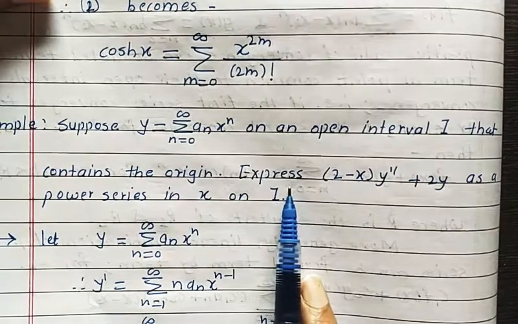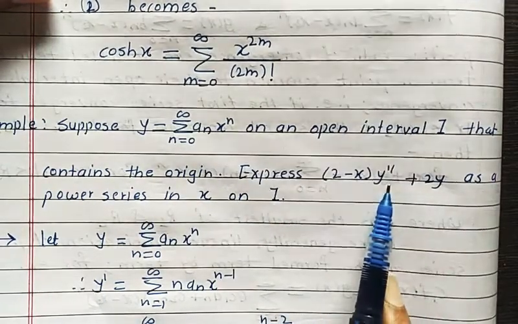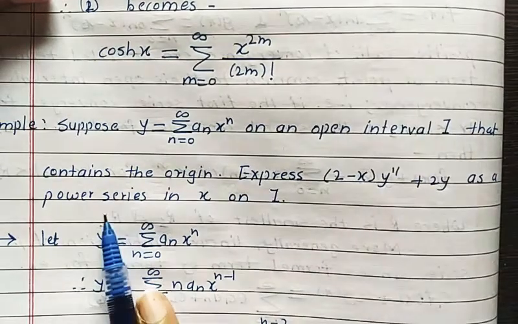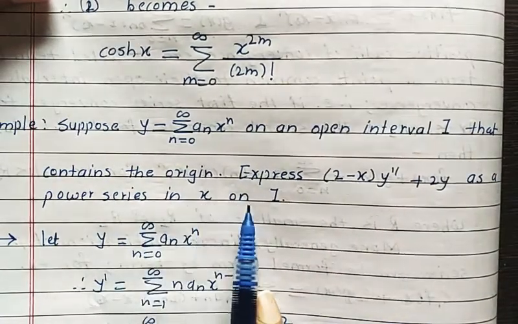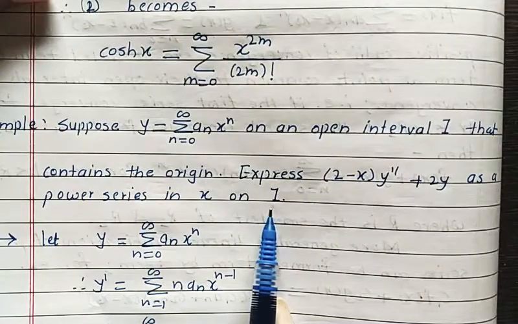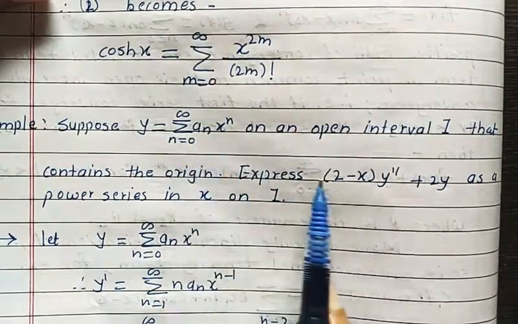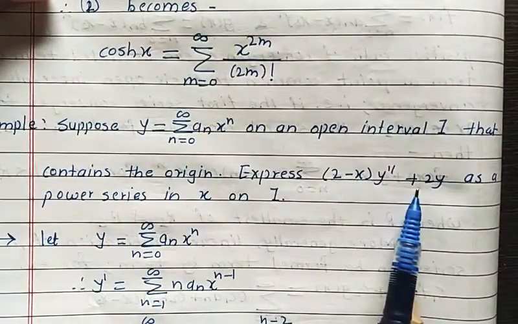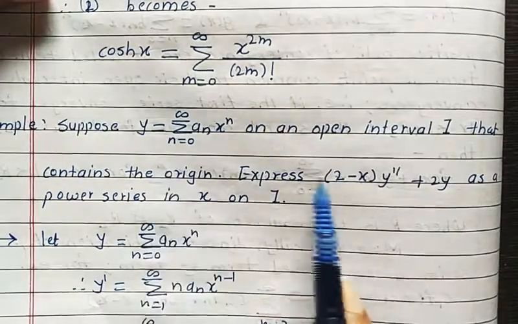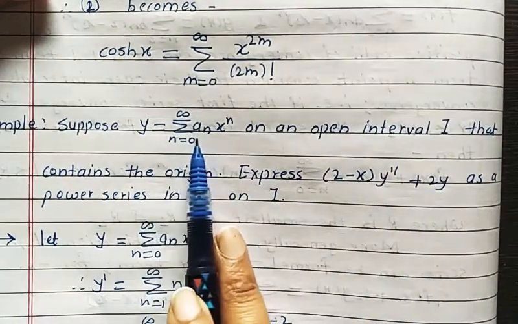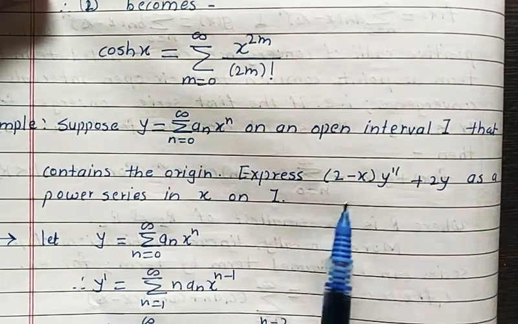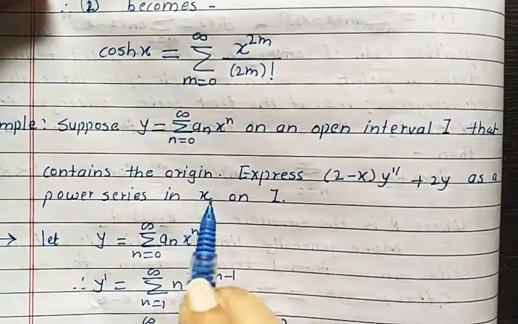Question is, express 2 minus x y double dash plus 2y as a power series in x on I. So first of all, we have to express this equation as a power series, and y is given. Okay, y is given, series a n x raised to n. We have to express this equation as a power series in x.